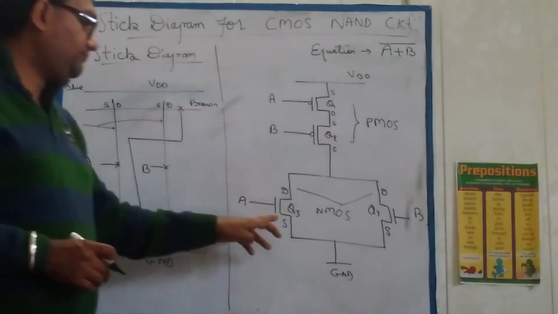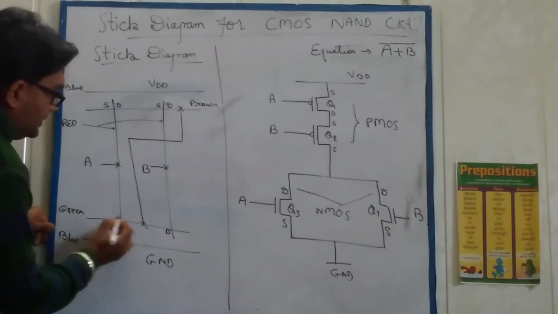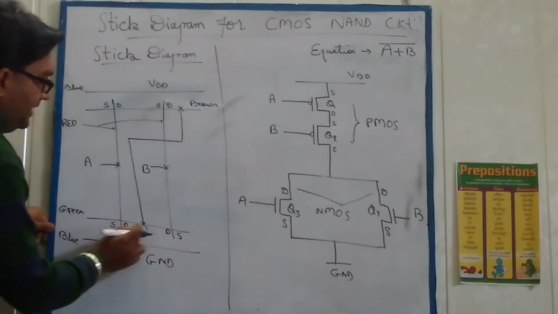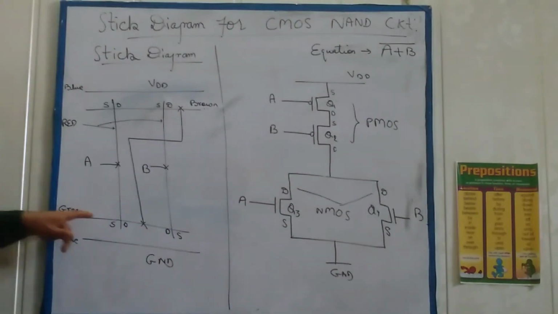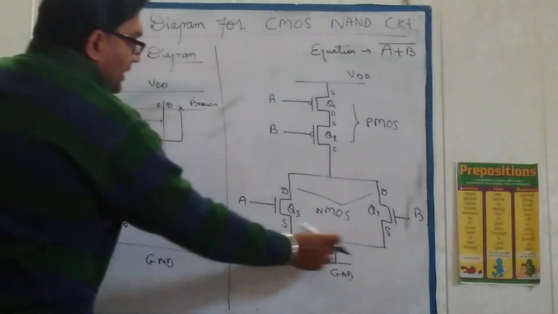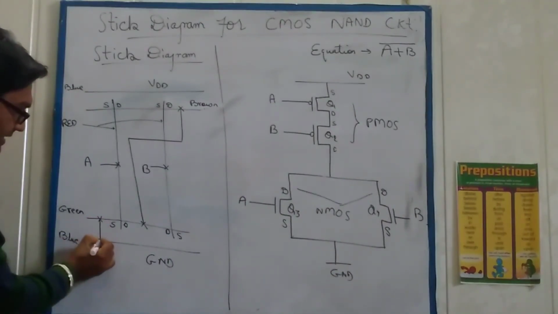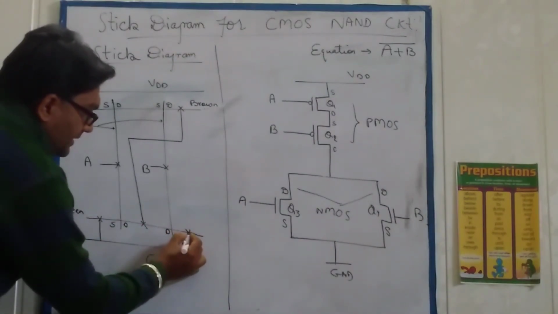Similarly, the source of the two, source is here, right? So if drain is here, the source is on the other side. Now the sources of both are shorted together and they are connected to ground. So that means this is connected to ground, this is connected to ground.